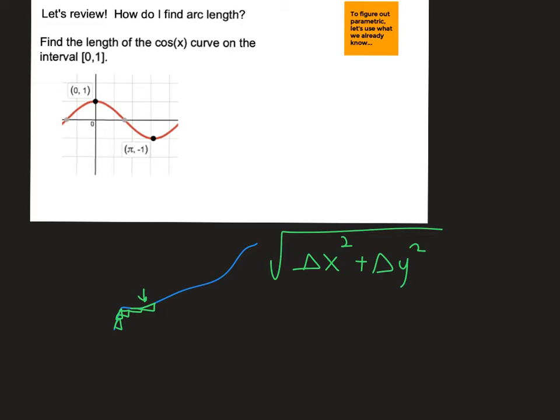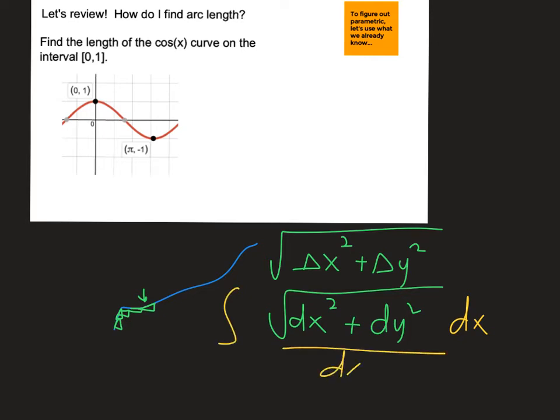Then we said, okay, let's think of this in the notation that we're used to, dx squared and dy squared. And we want a dx out here because we're going to want to integrate. So let's put a dx here to compensate.